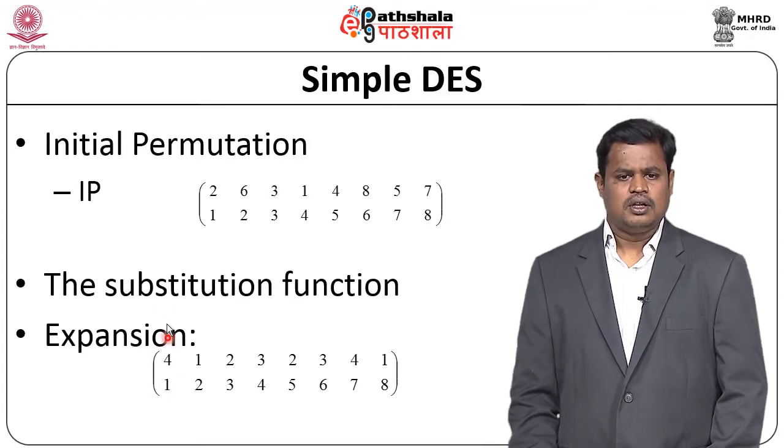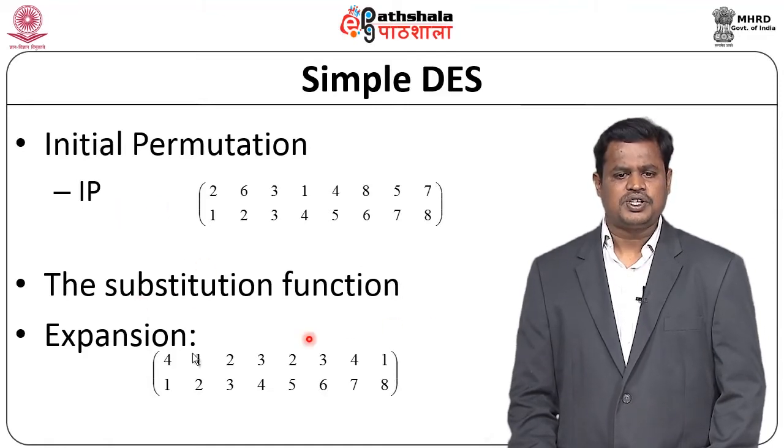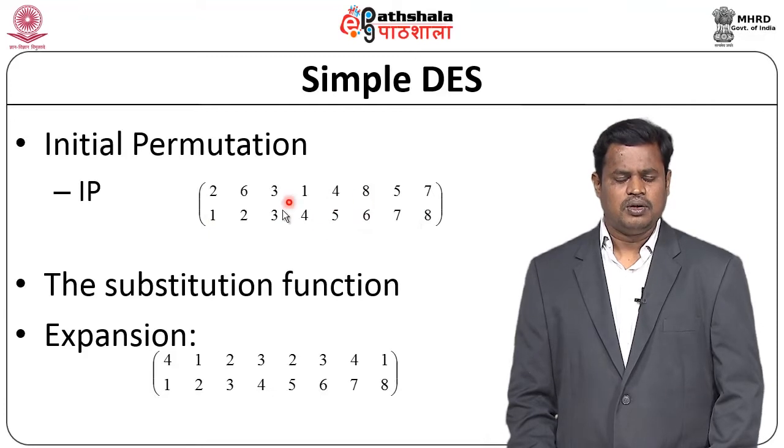Then with the encryption process, again I go for an initial permutation, substitution function, then the expansion function. We can note that here the initial permutation has 8 bits, and they are rearranged accordingly based on this particular table used for encryption.